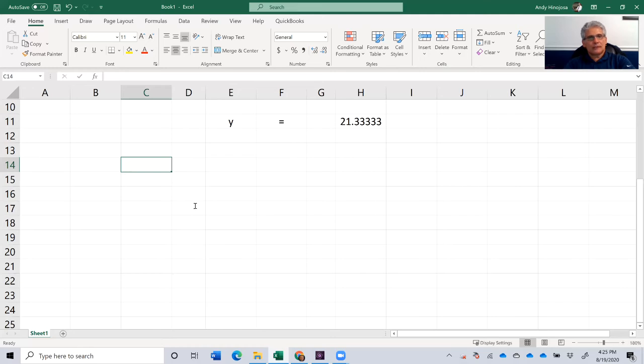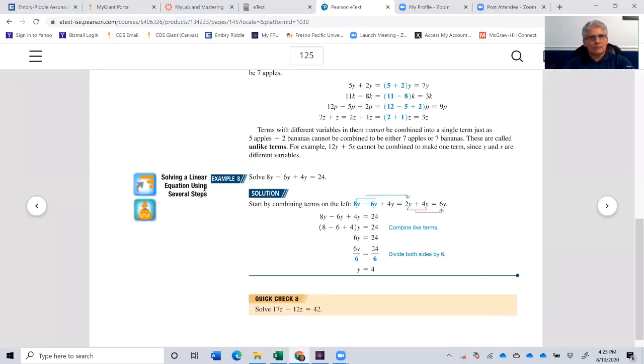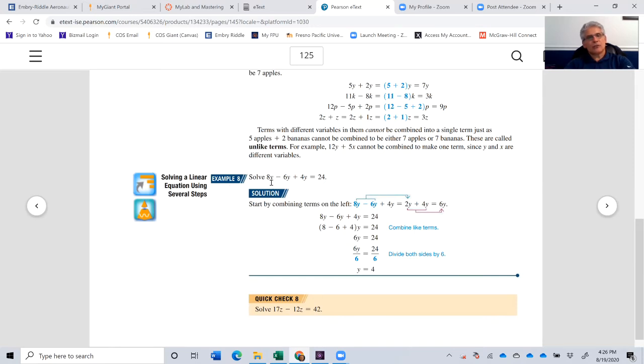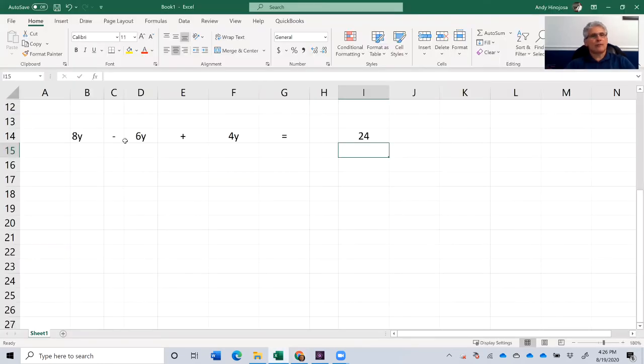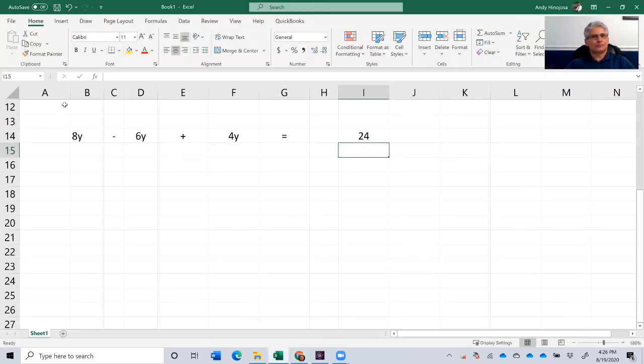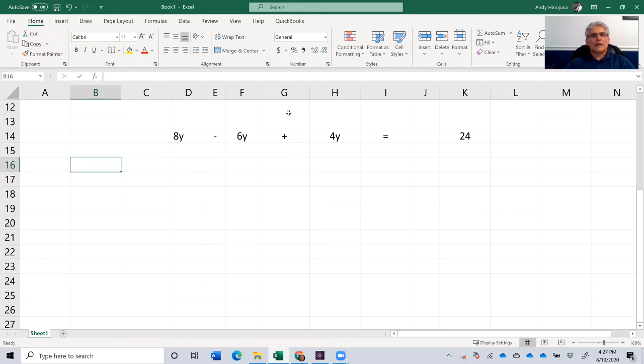But now let's take a look at this particular problem we have. So example number 8 shows 8y minus 6y plus 4y equals 24. Now in this case, what we can do is combine like terms.